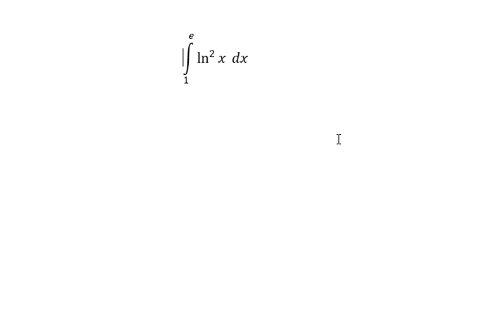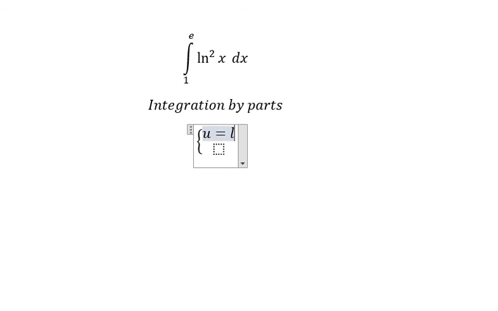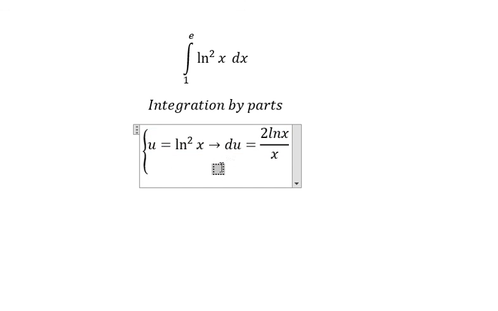We can use integration by parts. So I need to put u equals to ln s to the power of 2. Later we take the first derivative of both sides, and we have 2 ln s over s. dv we have ds, the integration of this one, we have v equals to s.